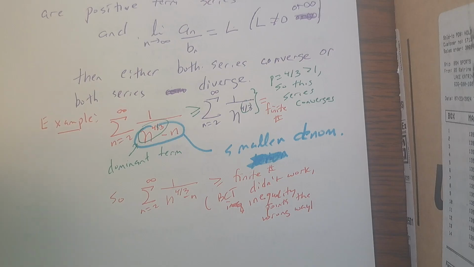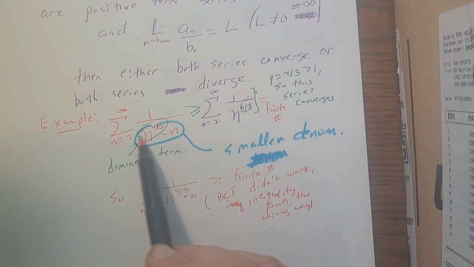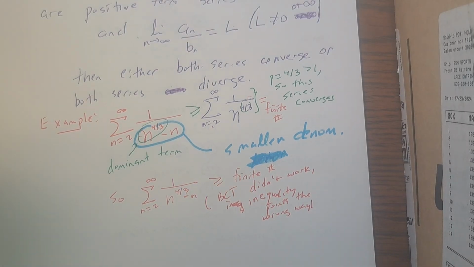But I still think I have a good comparison, because this is simpler and not that different, since it contains the dominant term of the other one. So I'm going to try the limit comparison test instead.